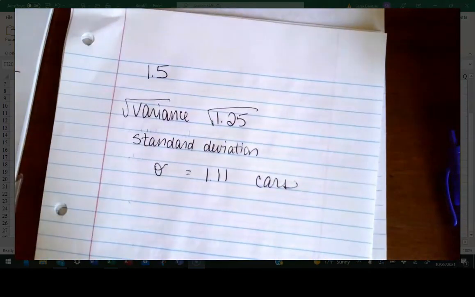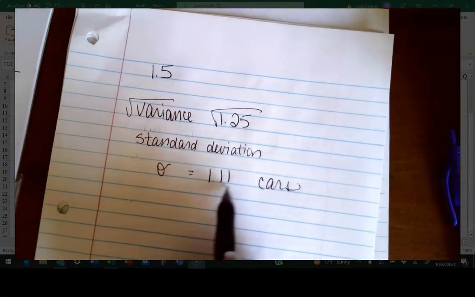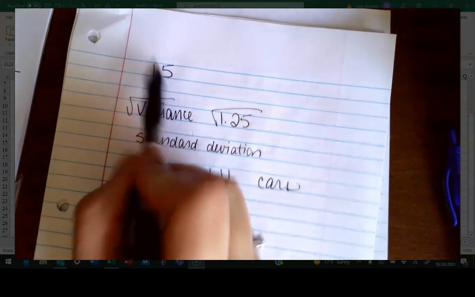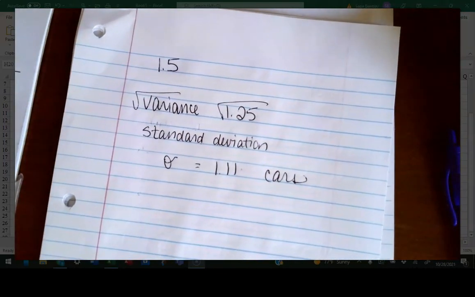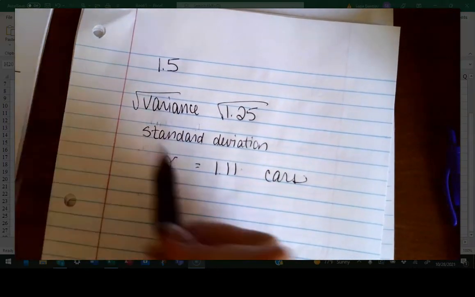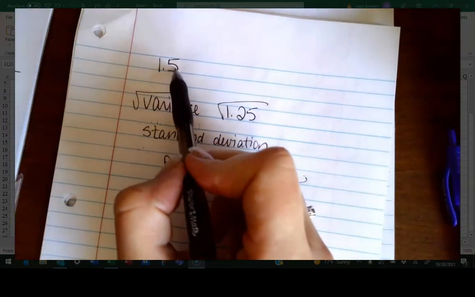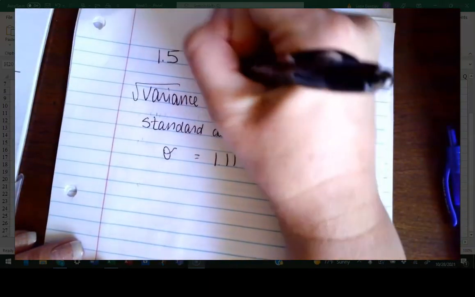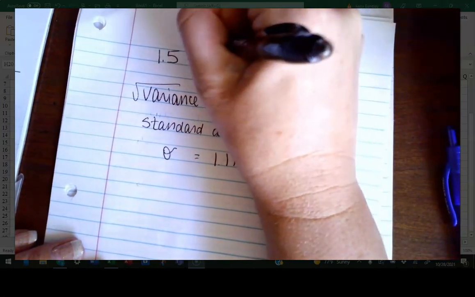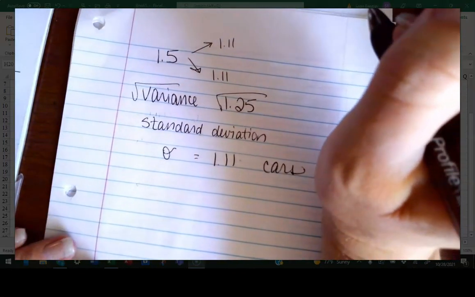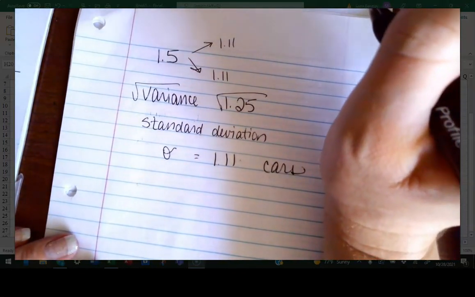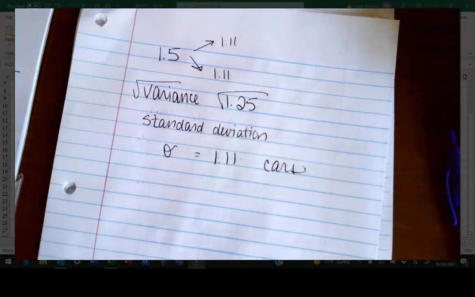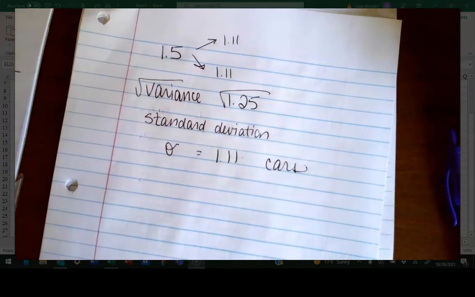So we're going to find out later that I can add or subtract this number here, and it will encompass a majority of my data. In other words, I can add 1.11 cars to this, or I can subtract 1.11 cars from that. So 1.5 minus 1.11 gives me 0.39.